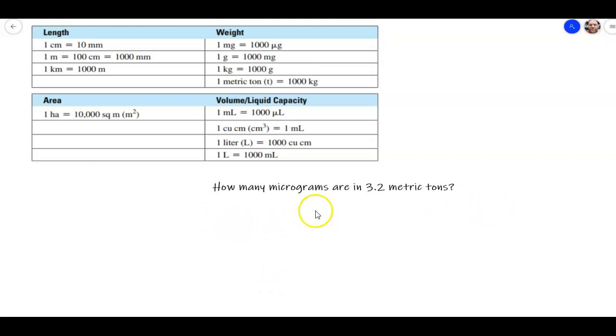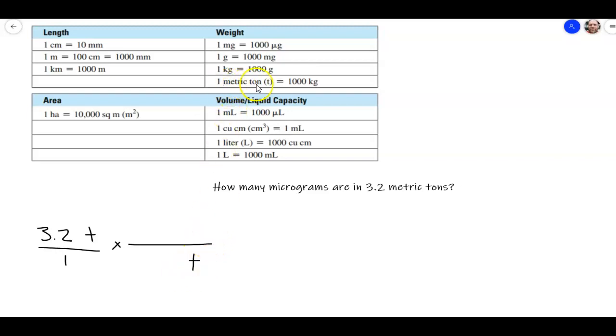All right, so for about the 8th time here, we're going to just start with the known amount. That is 3.2 metric tons. We'll use a little t there. I'm going to go ahead and put that over 1. And then I'm going to convert the metric tons into micrograms as best as possible.